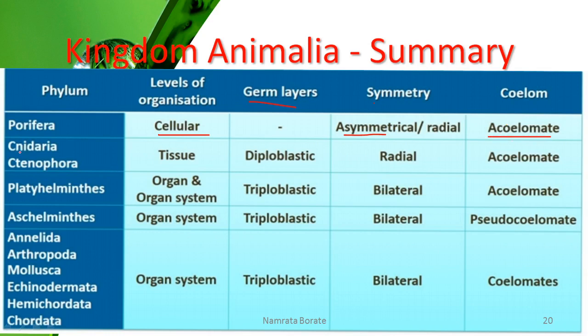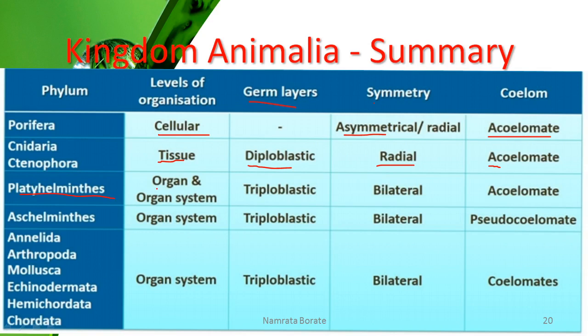The next one is Cnidaria and Ctenophora. In both of these, the level of organization is the tissue level. These organisms show a diploblastic germ layer, meaning two germ layers, ectoderm and endoderm. The organism can be divided in any plane, so it is radial. There is an absence of a body cavity, so it is acoelomate. Next is Platyhelminthes.